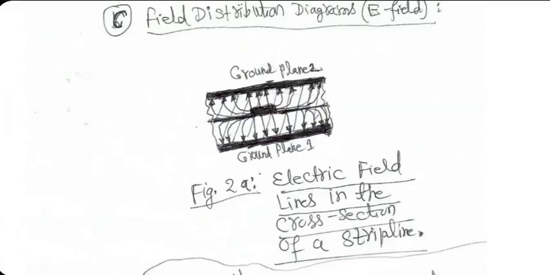When the strip has ended, the lines will curve around and would still hit the metal at 90 degrees, because on a metal, as will be shown later, the tangential component of electric field has to be 0. This is a given. So all the electric field lines hitting metal will have to be at 90 degrees when they hit. That is why I'm showing field distribution in this manner.